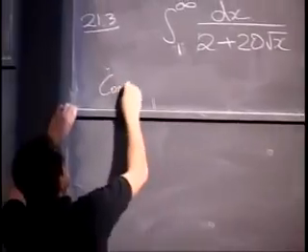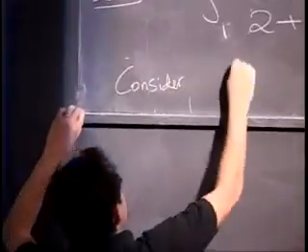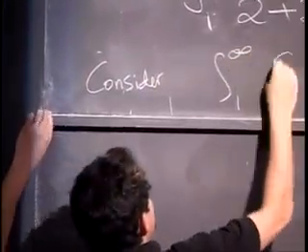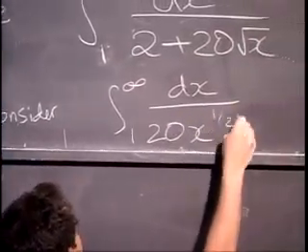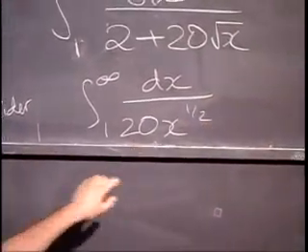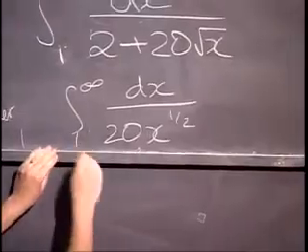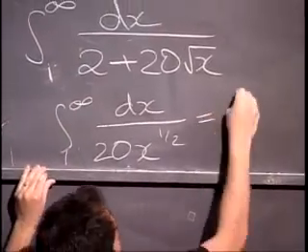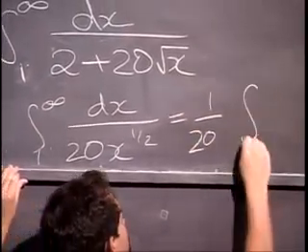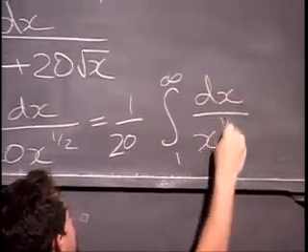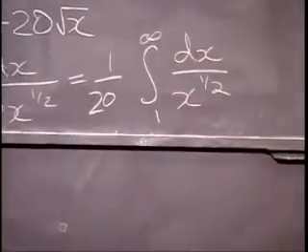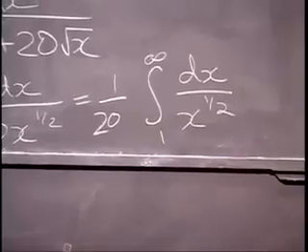So, again, consider just the integral of 20x to the half. And if you like, the 20 is just a constant. It doesn't matter, so you could pull it out: 1/20th, dx over x to the half. Does that converge or diverge?